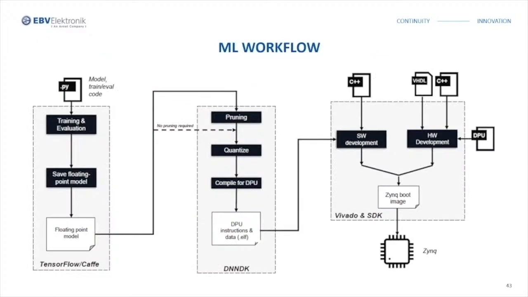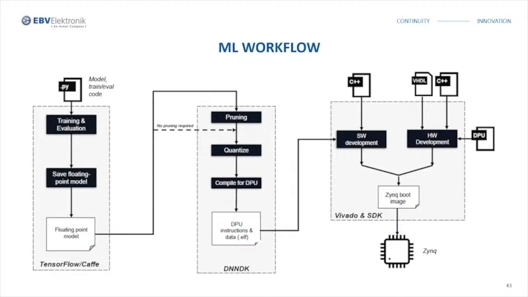This slide is very important because it shows how the flow works in general. Starting from the left, we have the TensorFlow or Caffe framework where we train our model.